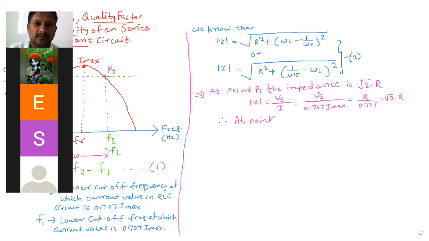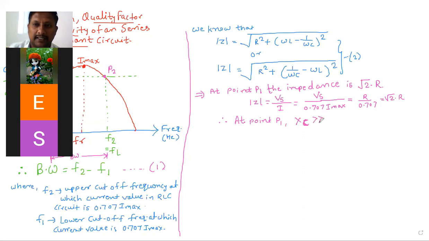At point P1, XC is greater than XL, which means more capacitive part is there. So which formula should we use, first or second? The second one is more suitable. Both are the same actually, but we take according to which part is greater. So XC is greater, so we use the second equation.